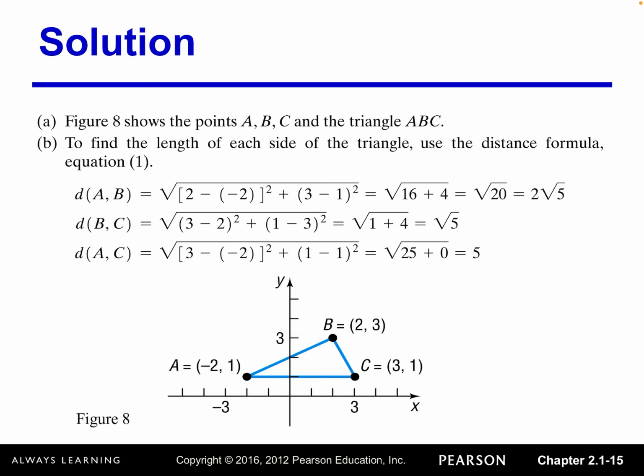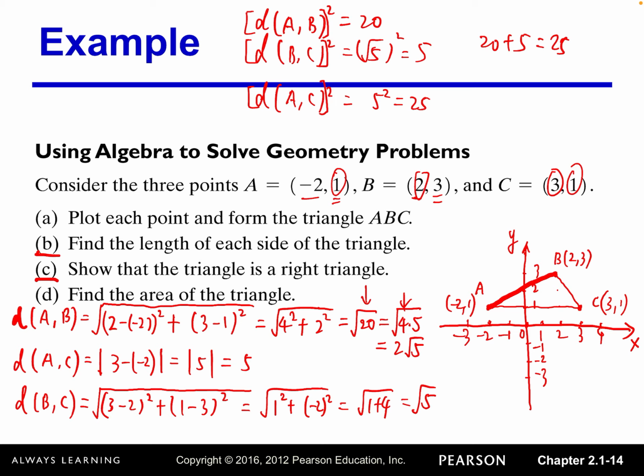The number 4 question, part 4, asks us to find the area of the triangle. Area of this triangle ABC should equal, based on the formula, 1/2 of base times height, right?